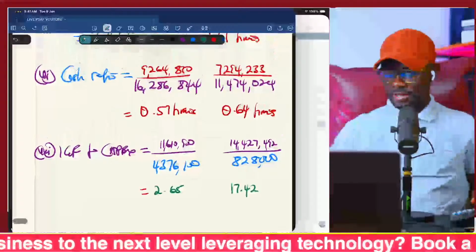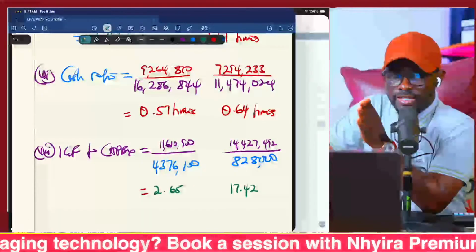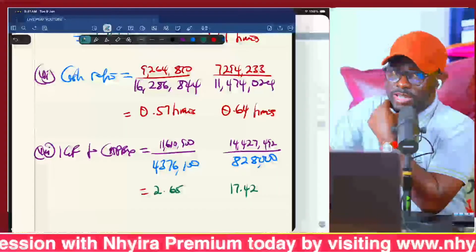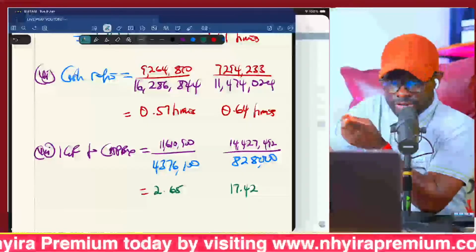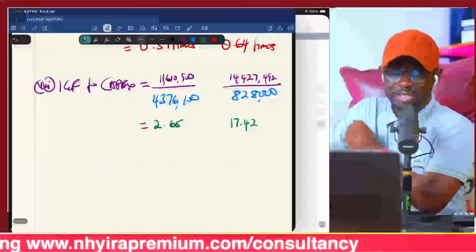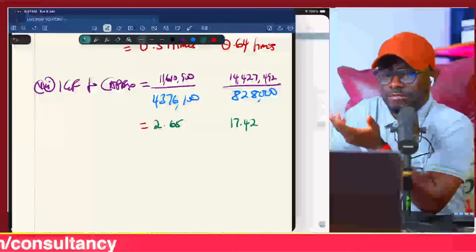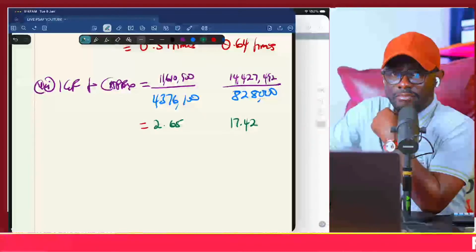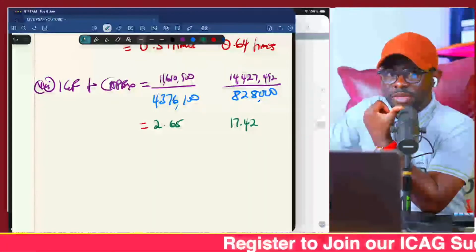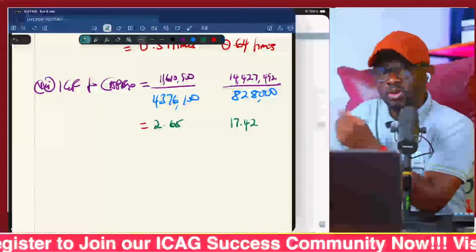17.42 here. So if you check, Sunyani is having its IGF covering its total expenditures by just 2.6 times, whilst our people at the Bolgatanga 17. That's quite high in respect of that compared to their capital expenditures, which means that Sunyani University may be investing more in capital expenditures than Bolgatanga University.